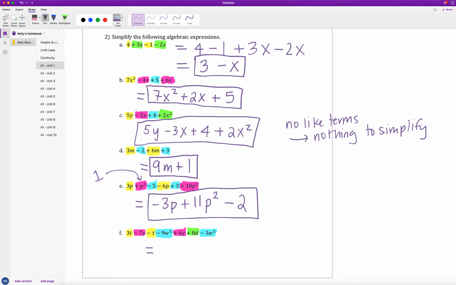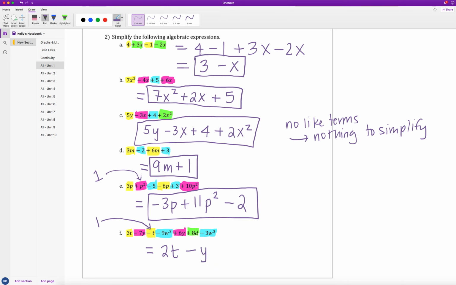So let's check these. If I start with our 3t and our negative t, when I subtract the coefficients, 3 minus, don't forget there is that invisible 1 in front, 3 minus 1 of them will give me 2t. Now for our negative 7y and our positive 6y, negative 7 of them plus 6 of them will give me negative 1, but we don't usually write the 1.